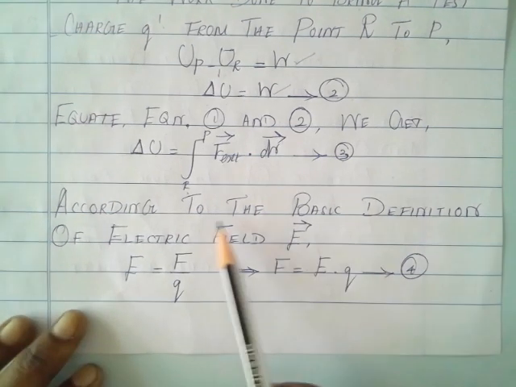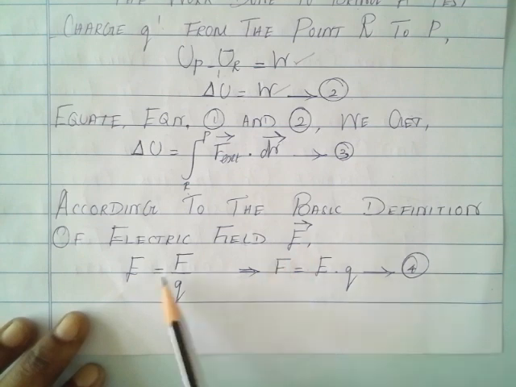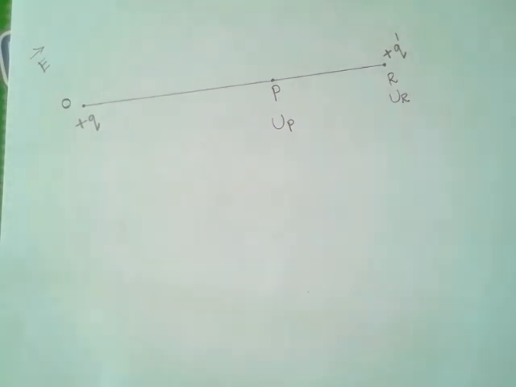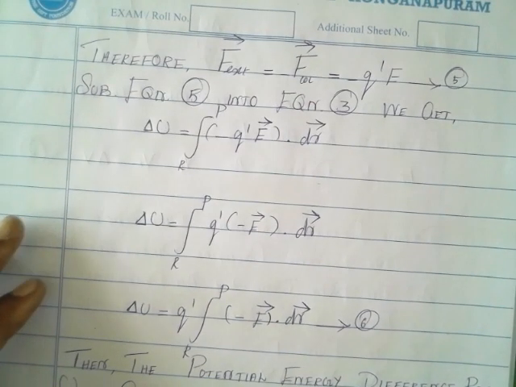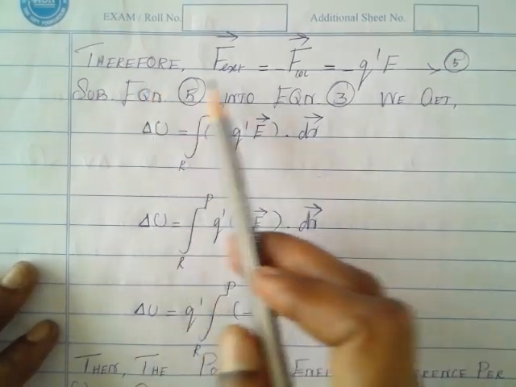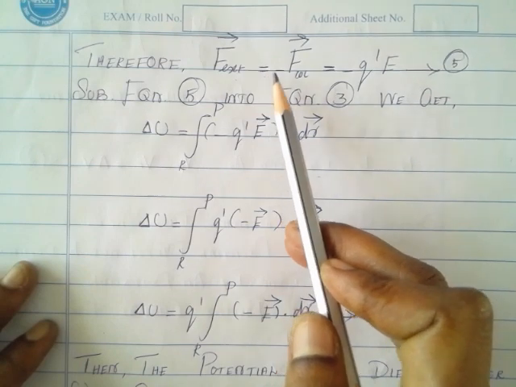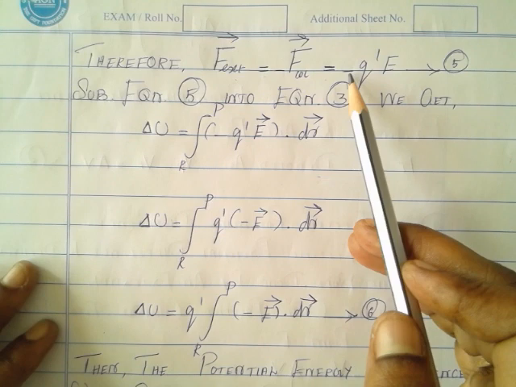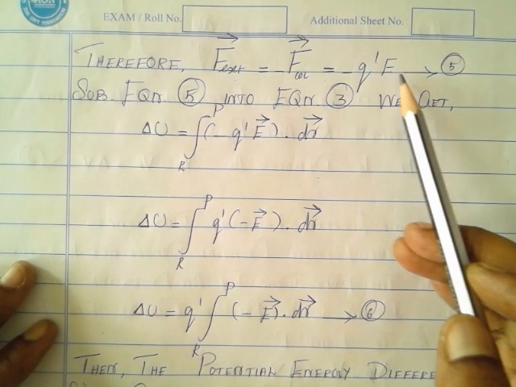According to the basic definition of electric field E, that is equal to F divided by Q, from that F is equal to E into Q. This is equation number 4. Therefore, F external is equal to minus F Coulomb, that is equal to minus q dash into E. This is equation number 5.